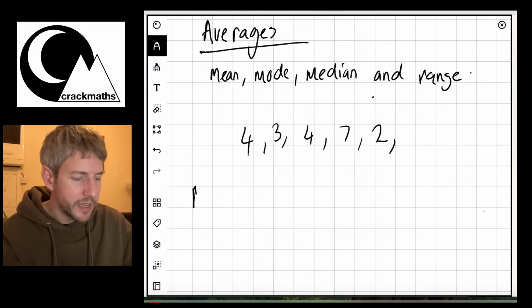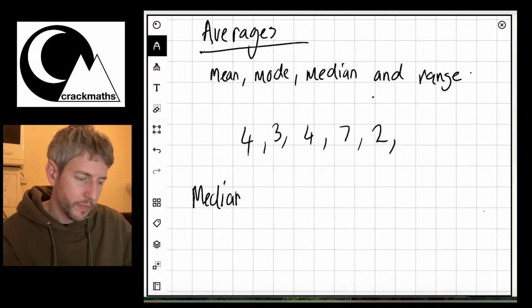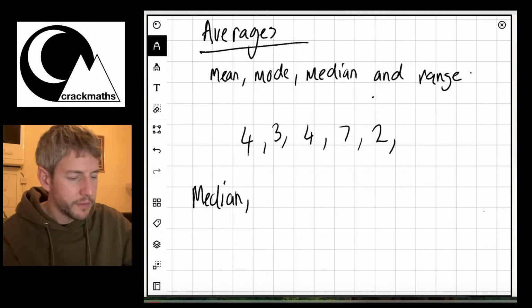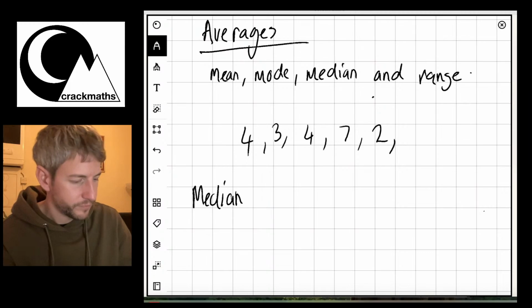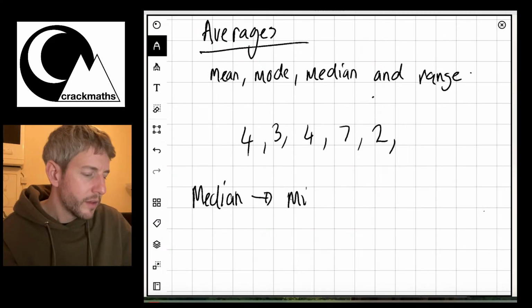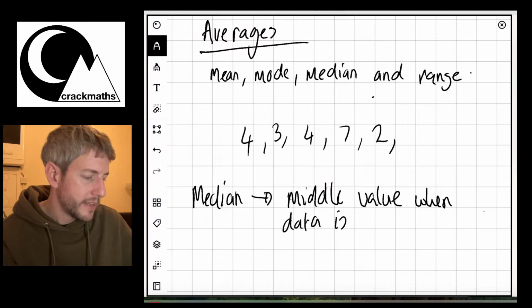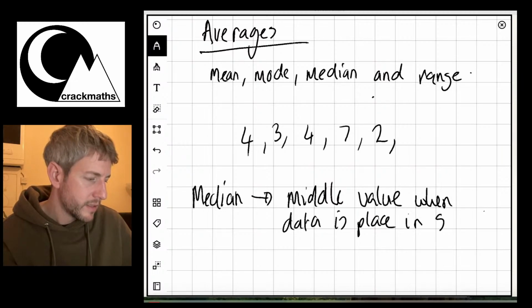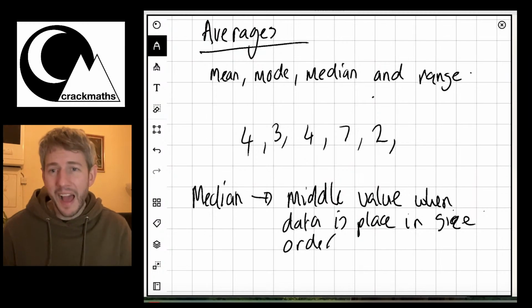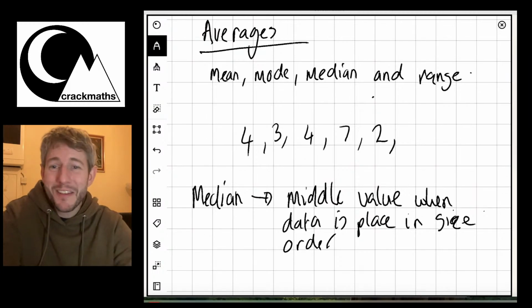So the median is the middle value when data is placed in size order. It's difficult to remember the median.